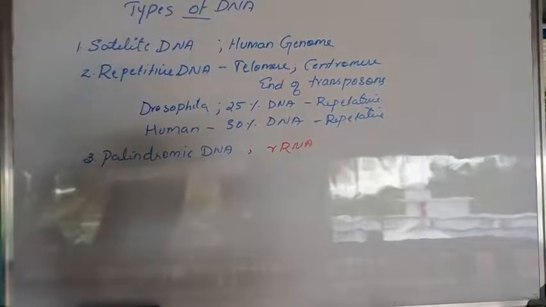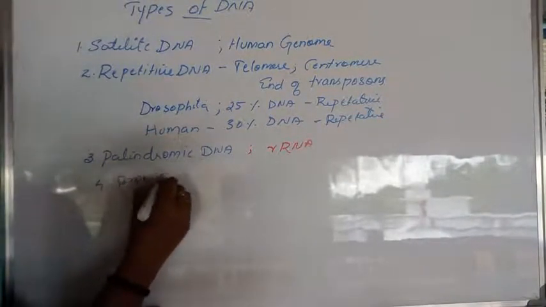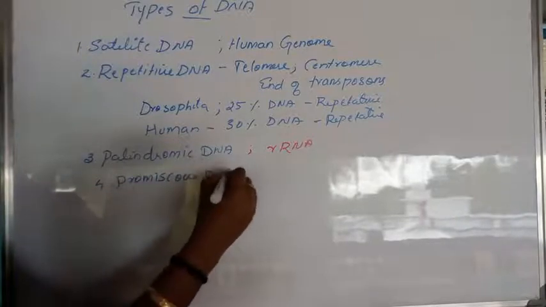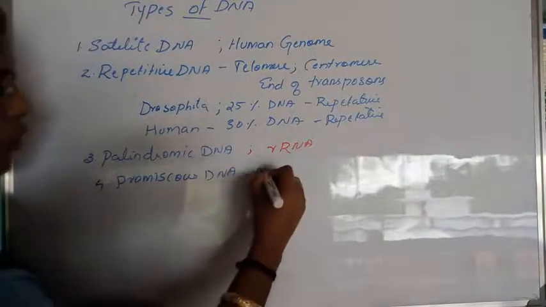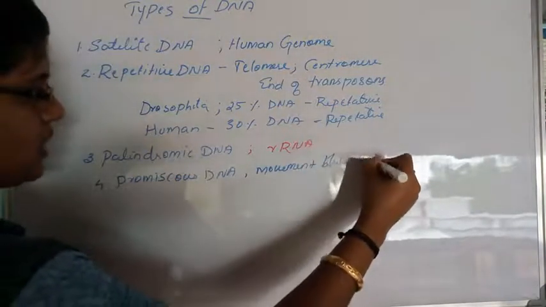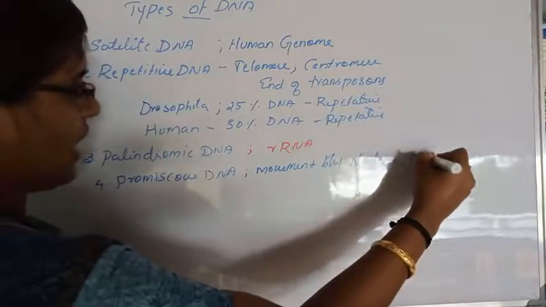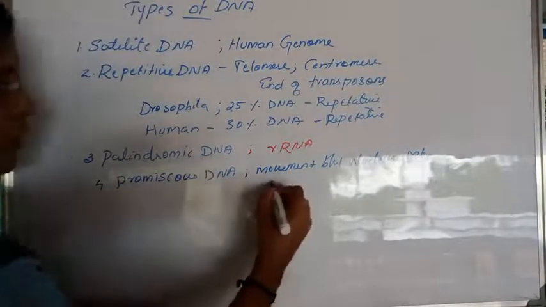Then promiscuous DNA. What is promiscuous DNA? It is a special type of DNA which moves between the nucleus, mitochondria and plastids. Plastid means chloroplast.